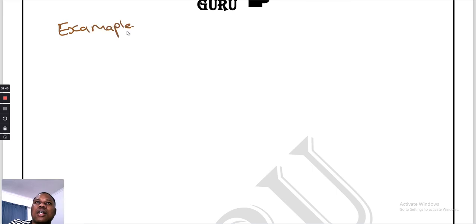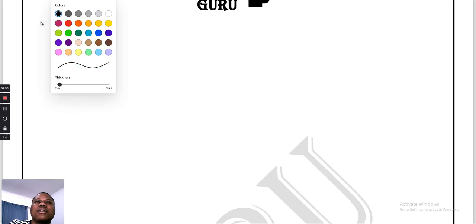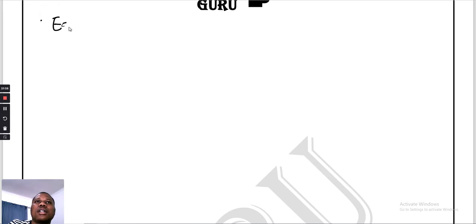On how to calculate. Let me use a black pen now. Right, example number 1, we're going to calculate the perimeter. Let's say we are given this field.